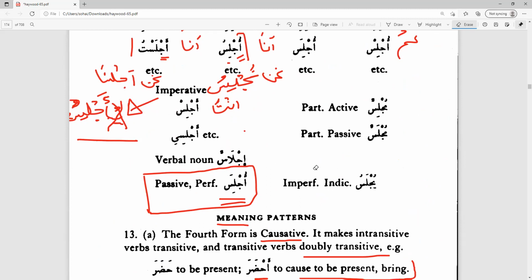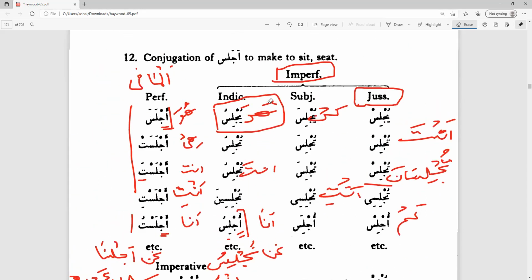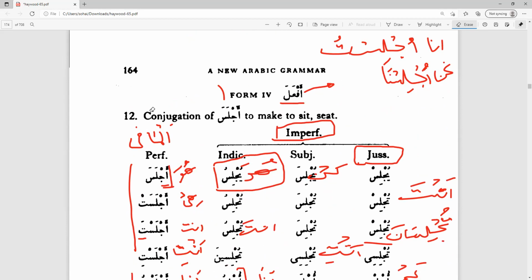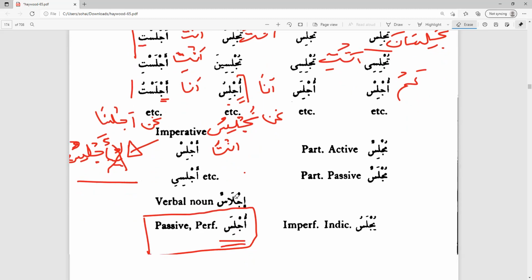Both of you need to know the fourth form, how to form the Madi, the past, in both Ma'ruf and Majhul forms, how to form Fi'l Mudari, and how to form Fi'l Amr, the imperative command.